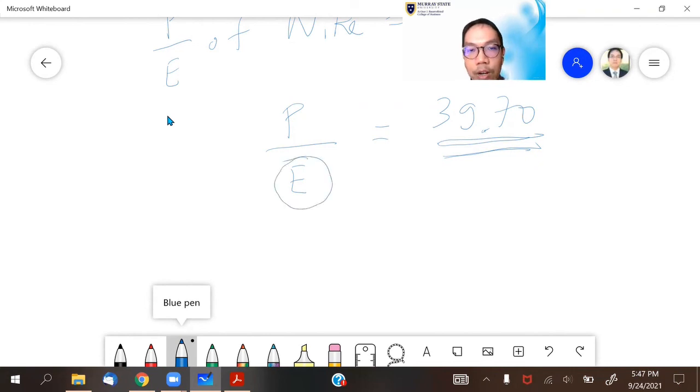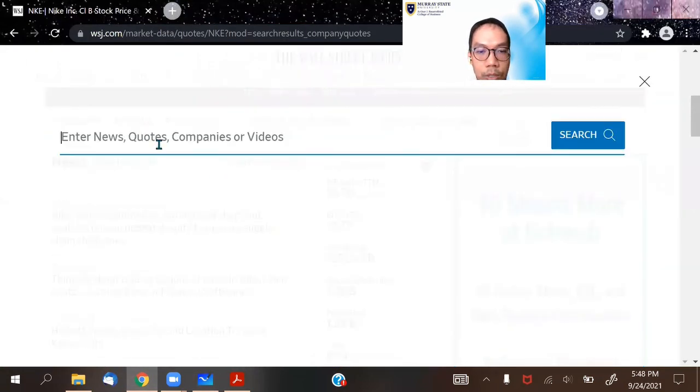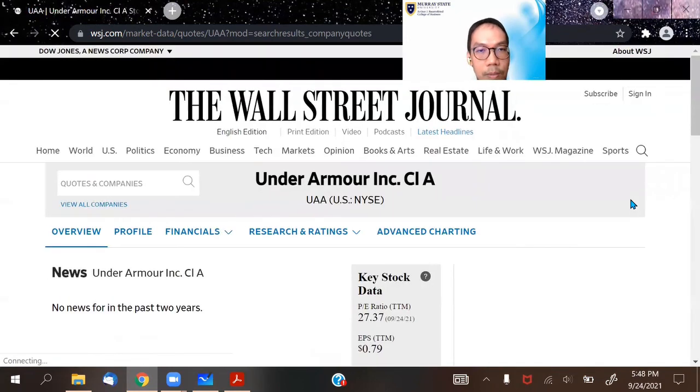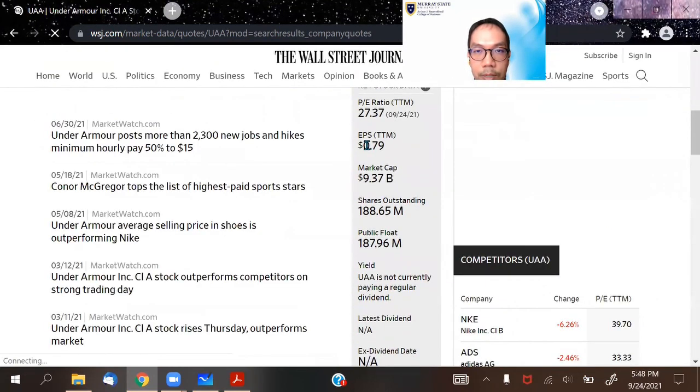Now we just need to look at the earnings per share of Under Armour. So we go to the WSJ again, Wall Street Journal. Now we look for Under Armour. We have two classes here, class A and class C, but let's just use class A as an example. See the EPS here.